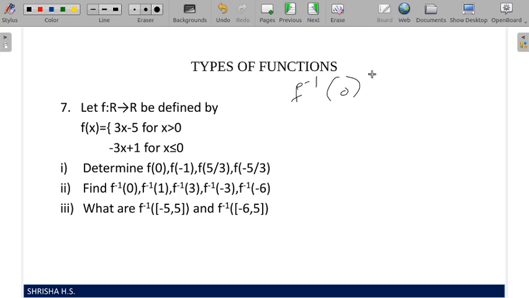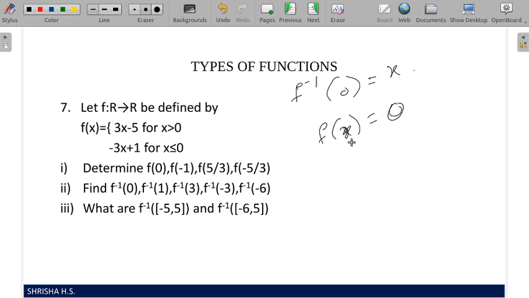So f inverse of 0 came, so f of x equal to 0. We know the image, we don't know the pre-image. So the pre-image is some x. We applied the function to some element x and we got the answer 0. f of x equal to 0.